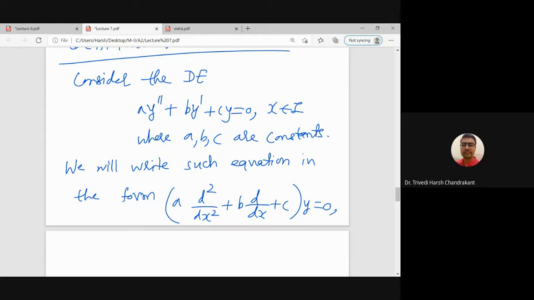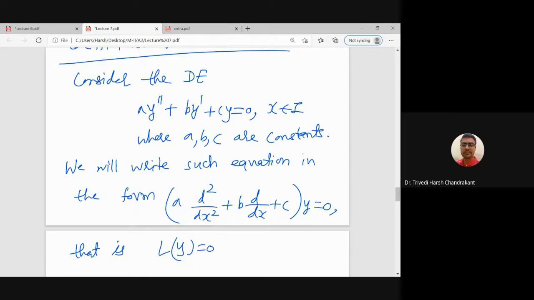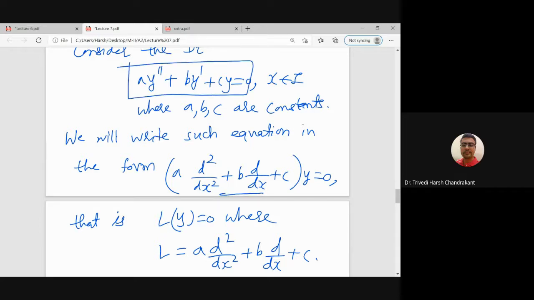So this form means it is of the form L of y is 0, where L is this differential operator. So operator means it is a linear function. Right. So we consider L to be this bracket thing, then the given equation is nothing but Ly is equal to 0.